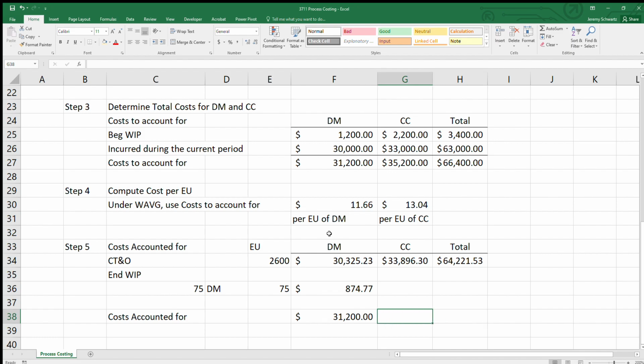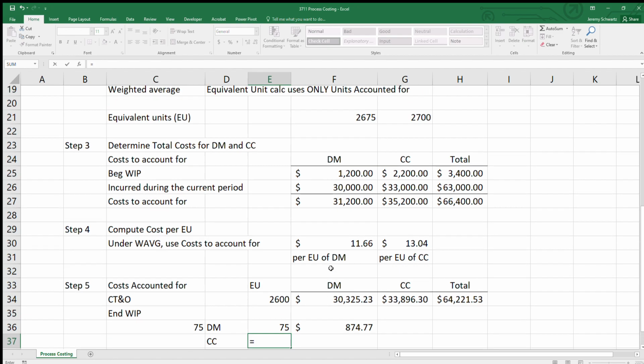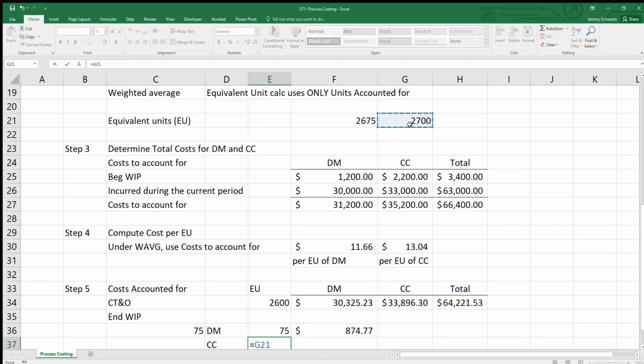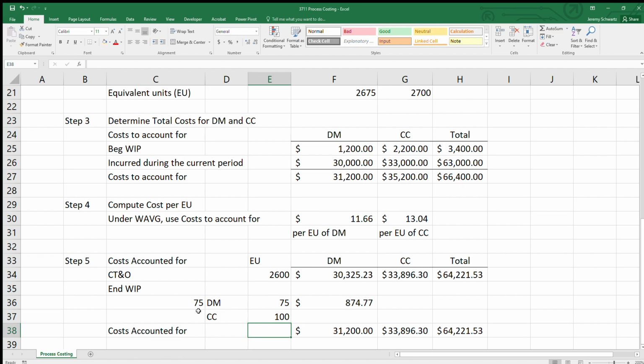Now for conversion costs, we still have a little bit over $1,000 to explain. So for conversion costs, we have 2700 units that were our total equivalent units, minus the 2600 that have been completed and transferred out. That's 100.